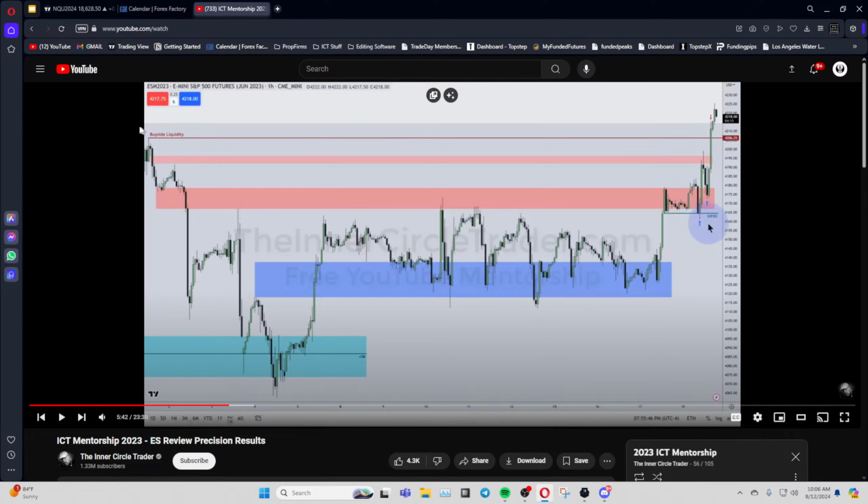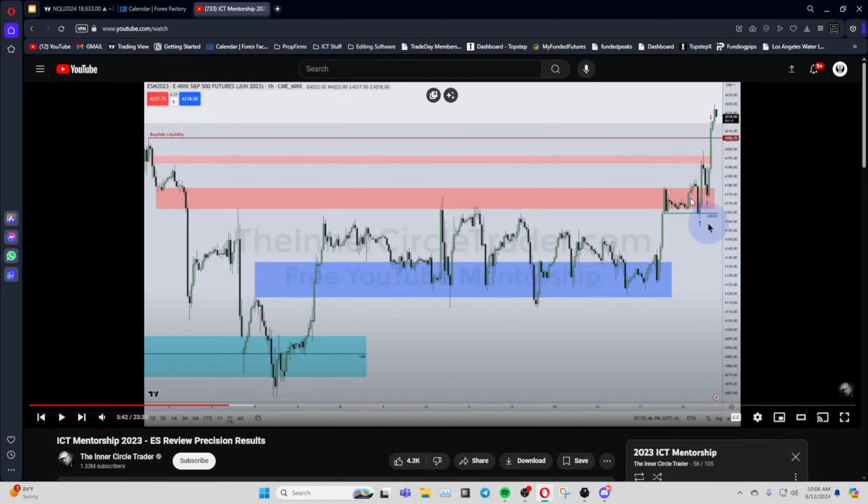So if the draw is up here and we have some sort of liquidity forming, right here would be sell side. We're targeting buy side. We want that sell side to develop. And once that sell side is swept, that's the moment we start looking for longs.